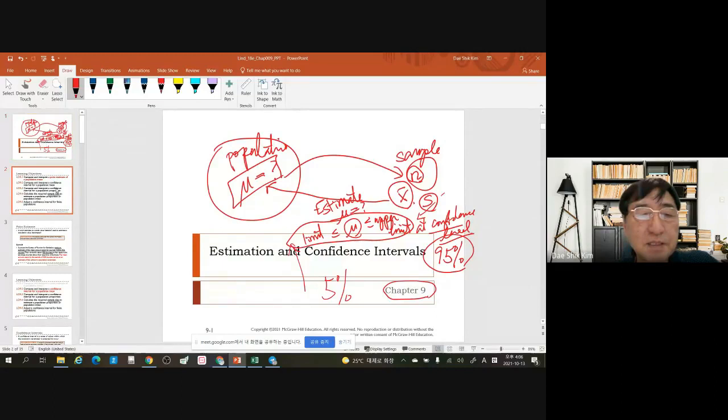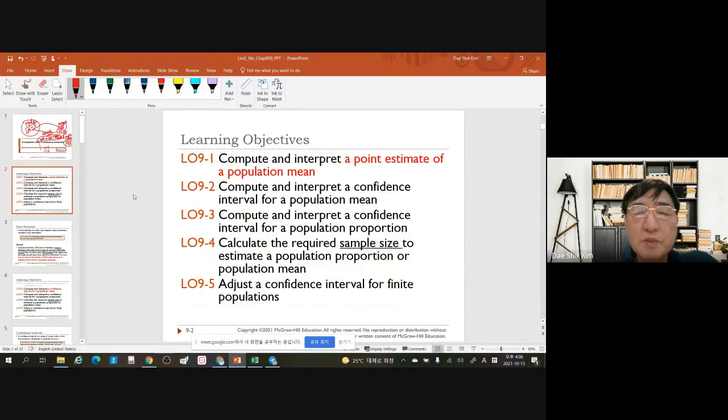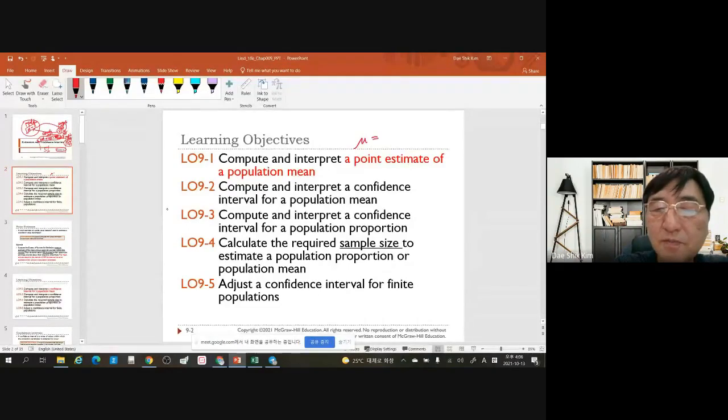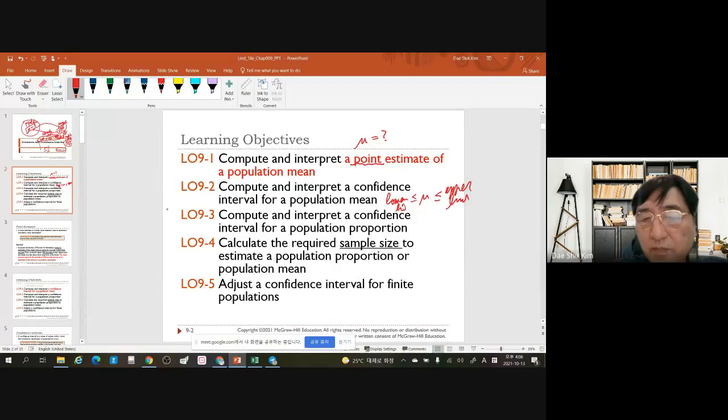The first one is when we want to estimate mu directly; that is called a point estimate. If you want to find the interval, a lower limit and upper limit, it is called a confidence interval, for example at a 95% confidence level.